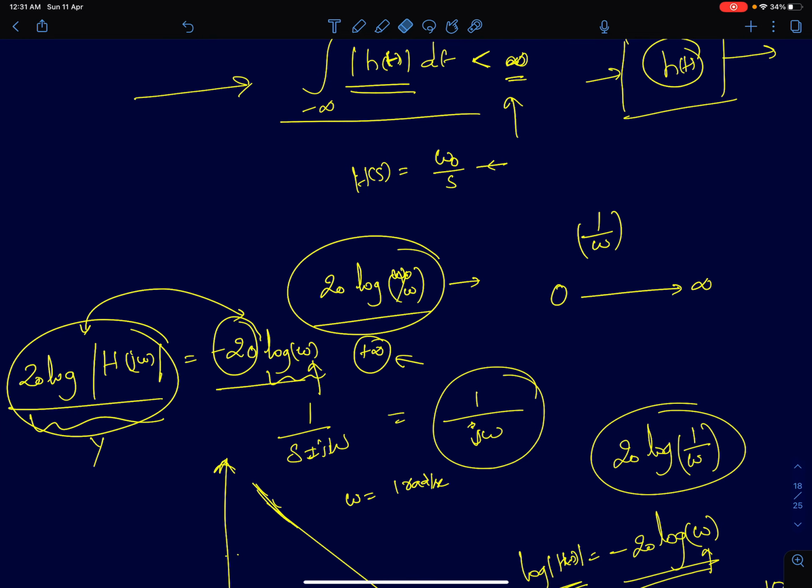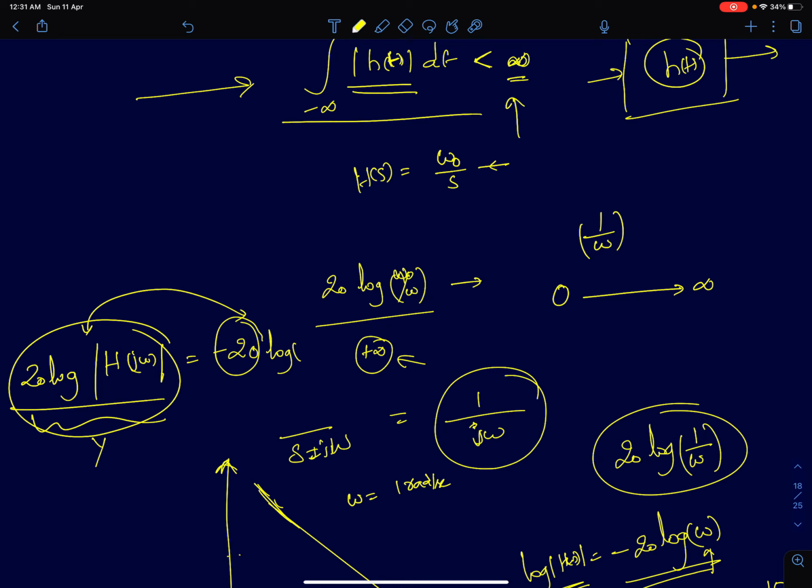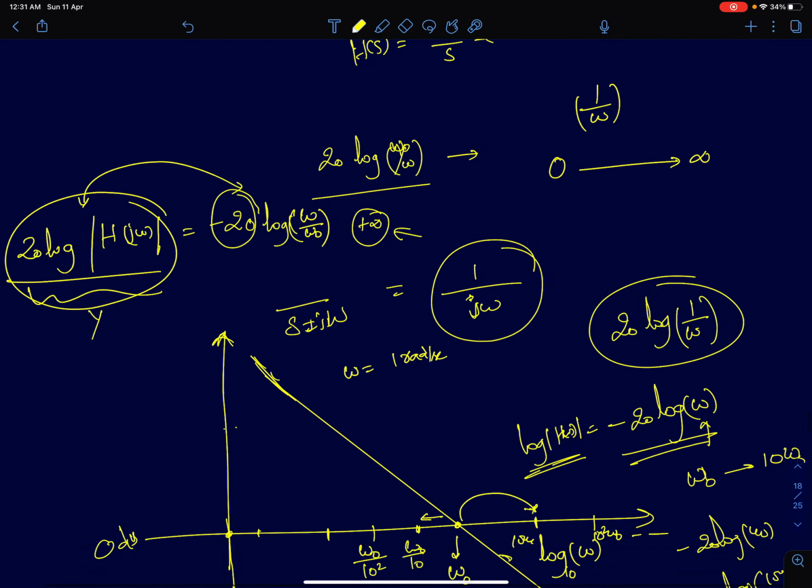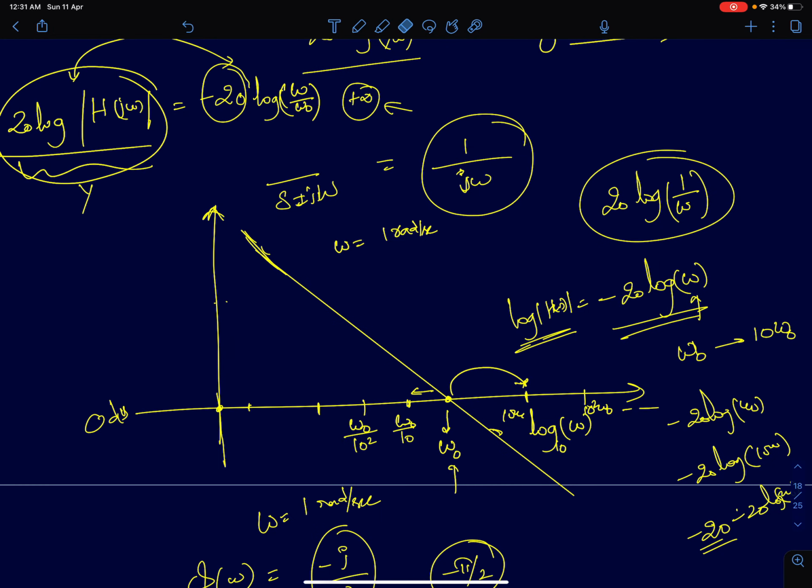So this value, instead of minus 20 log omega, it's going to be minus 20 log of omega by omega naught. The value of this function at omega naught will be 0 dB. Minus 20 log of 1 to base 10 is 0 dB. Now I'm going to increase omega to 10 omega naught.